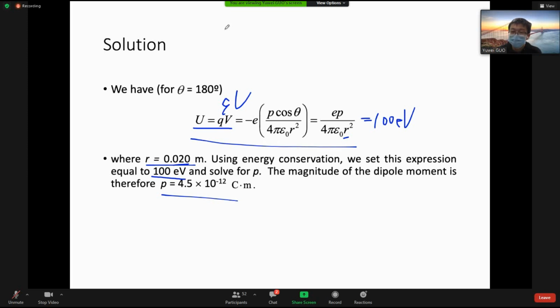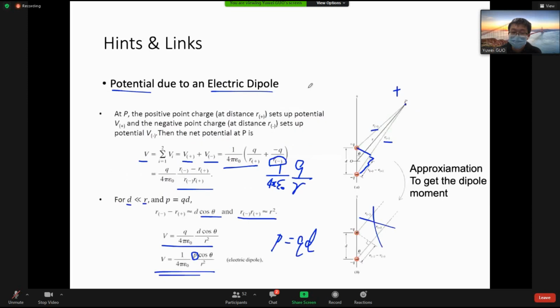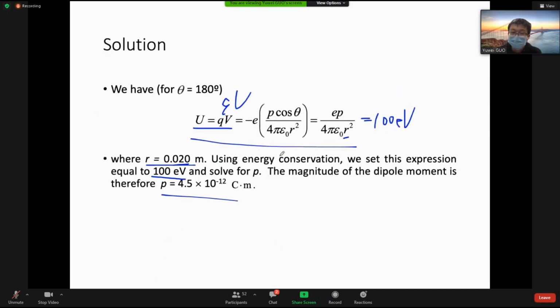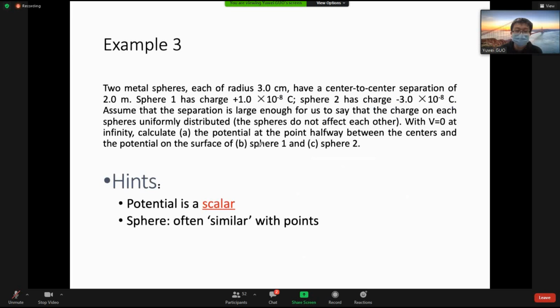Okay. Any question? The most important thing is to use the equation of the potential due to an electric dipole. Okay.